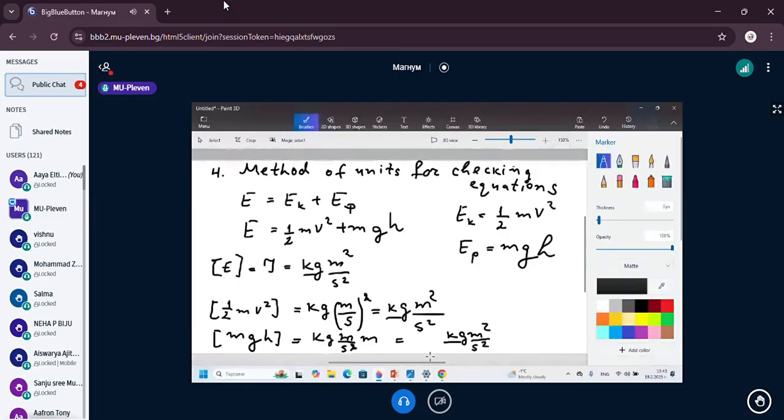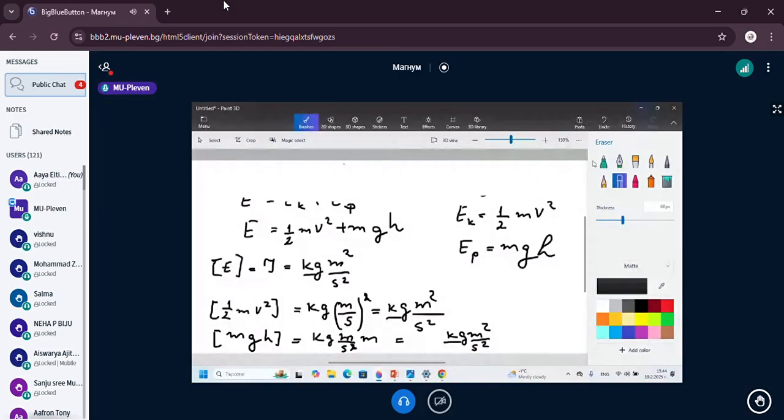Let us proceed with the order of magnitude, but also with multiples and submultiples of units. So let me write number 5: multiples and submultiples of units.